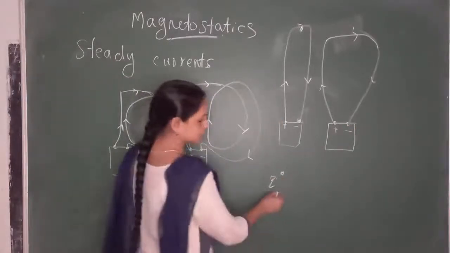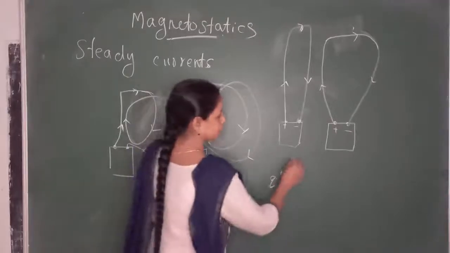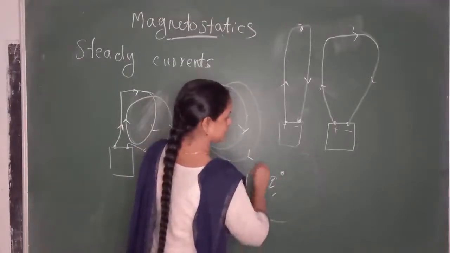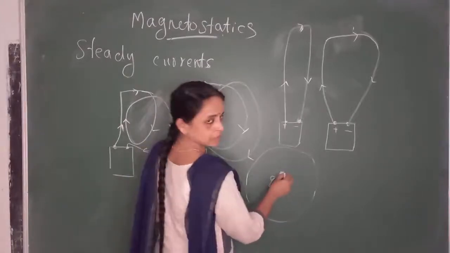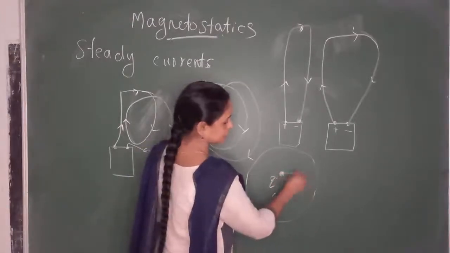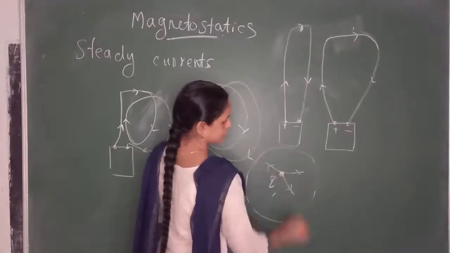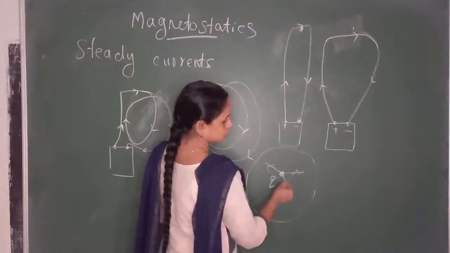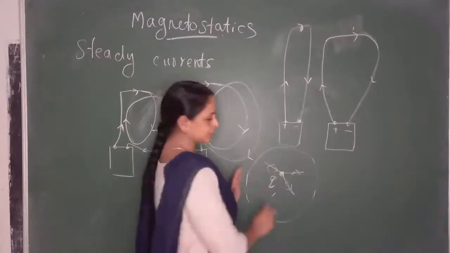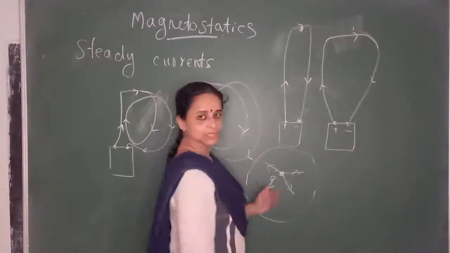Take the source charge, some Q1. It has an electric field around it. If this is a positive charge, then the field is going outward, and if it is a negative charge, the field is coming into the charge. Anyway, there is an electric field around the charge.